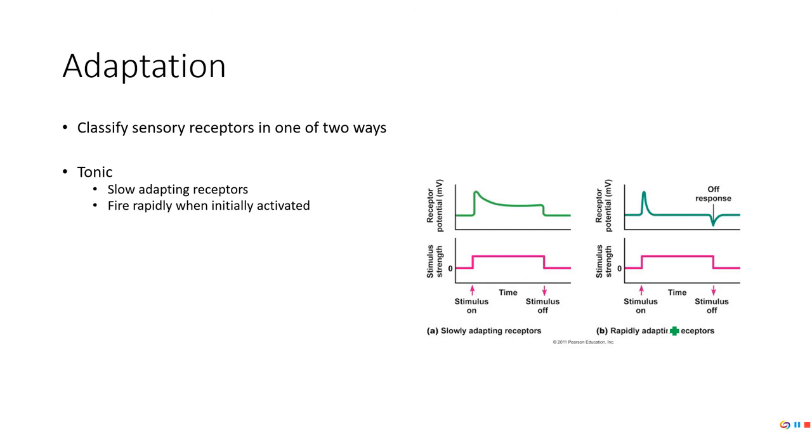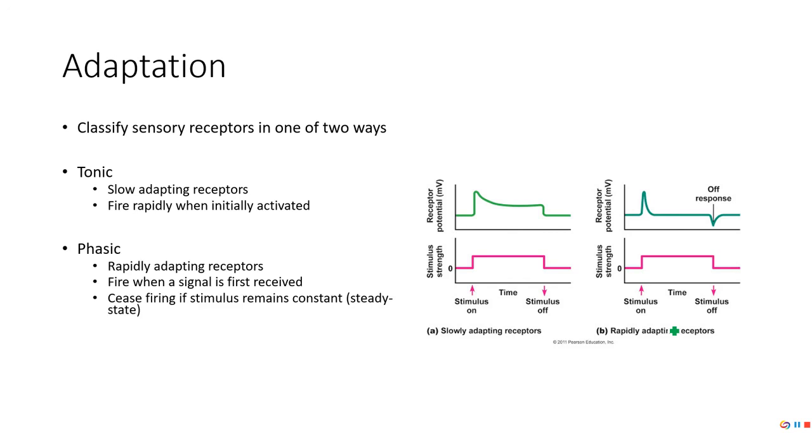However, over time, this gradually goes away, even if the stimulus is still there. Whereas phasic receptors are rapidly adapting. They fire when a signal is first received, but then they stop firing if that stimulus remains. So in both cases, you have an initial spike, and then one of them decreases a large amount, and one of them basically turns off.